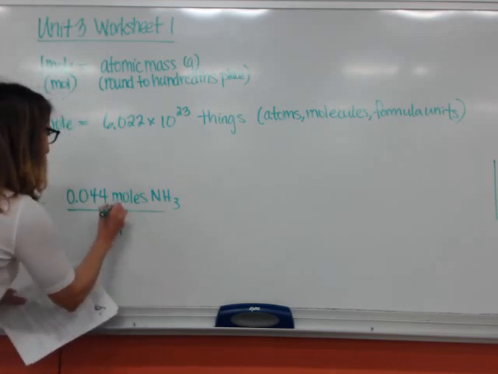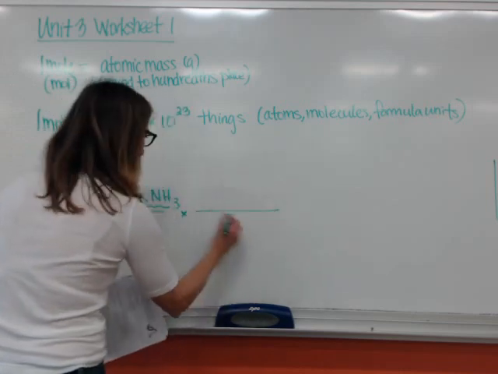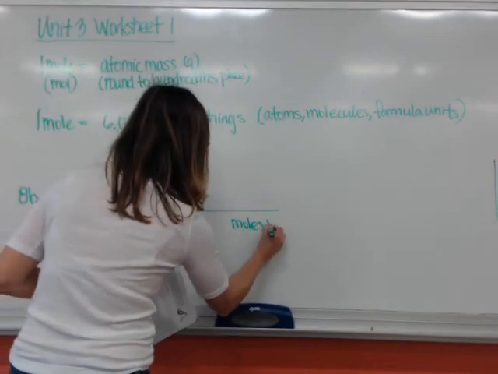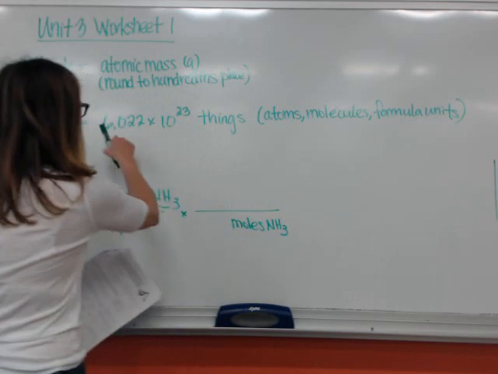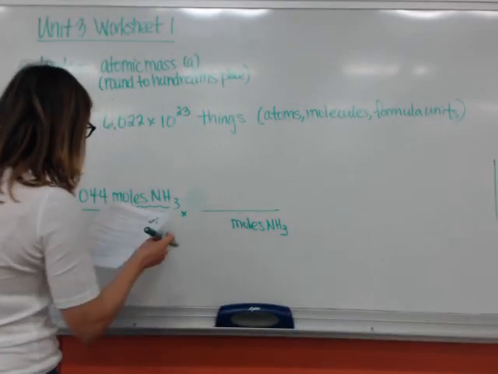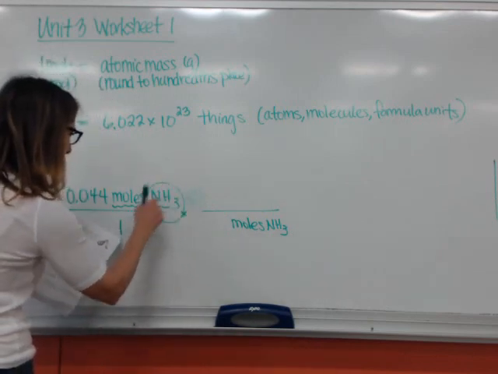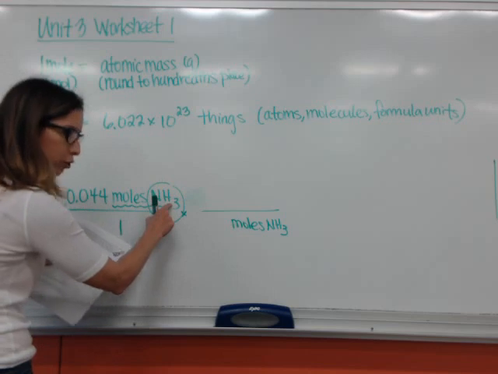We're going to put this over 1. Moles of ammonia is here. We're going to put moles of ammonia on the diagonal because we want to cancel that unit. We're going to moles of hydrogen atoms. If you look within this compound, you have 1 nitrogen and 3 hydrogens.